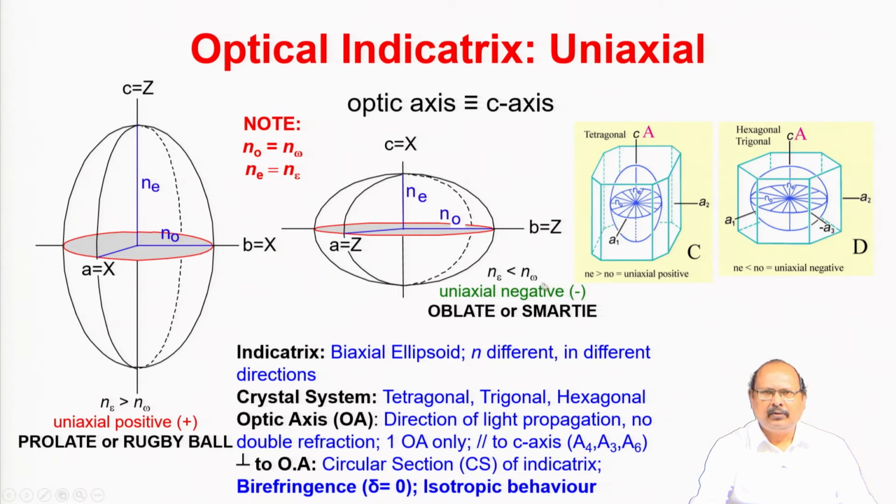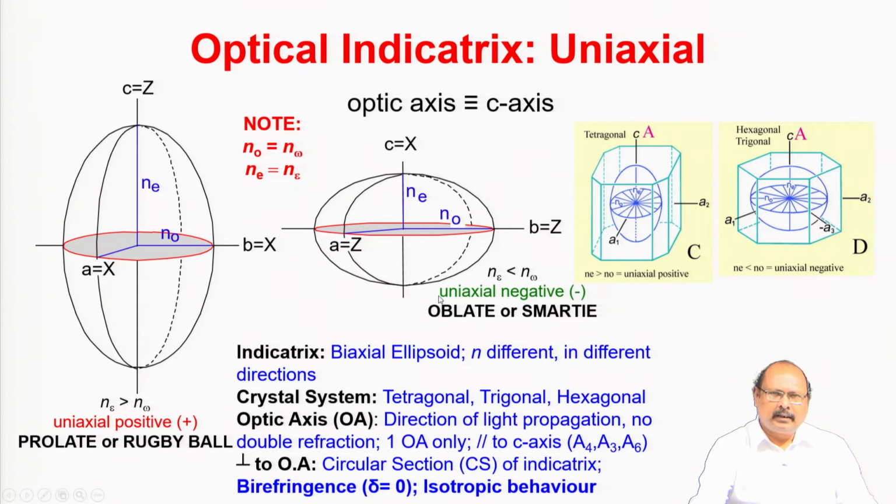That is a very important aspect: this positive and negative optic sign in uniaxial minerals is essentially due to the velocity difference between the extraordinary and ordinary rays. In the case of a uniaxial negative mineral, the E ray is the faster ray than the O ray.